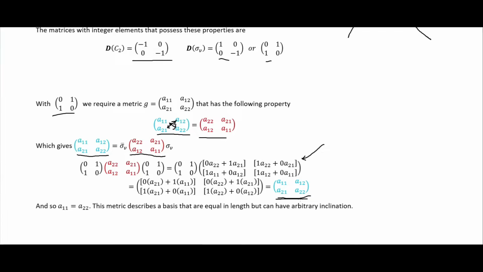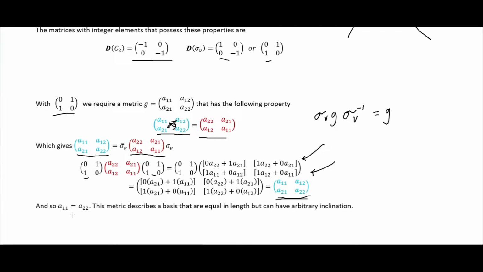So it's because we have said that the requirement is that if we take the sigma v of our metric and then the sigma v inverse of our metric there, which because it's 2D, our sigma v inverse was just equal to the sigma v, which is why we're using the same matrix in both places. But we said the requirement was that this was just equal to our metric. And so if this is true here, then the blue and the red have to be equal to each other.